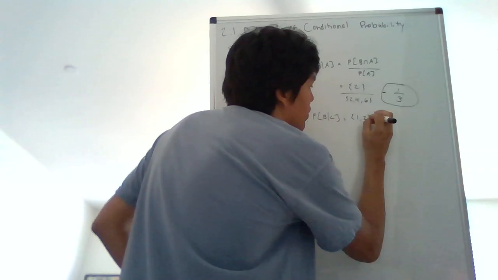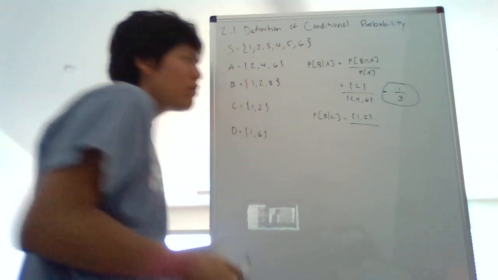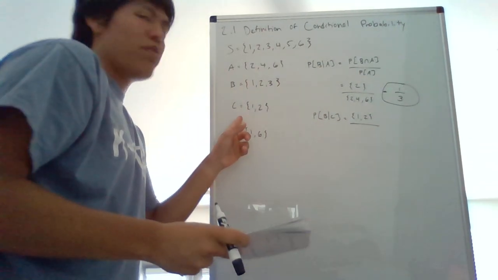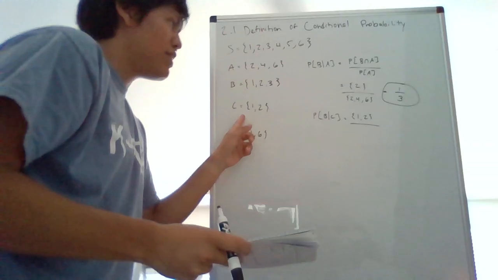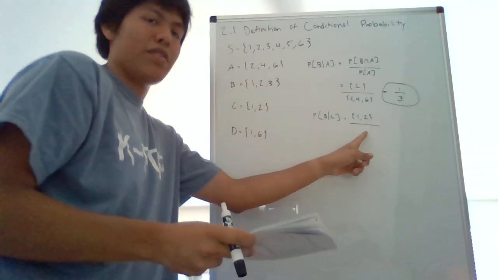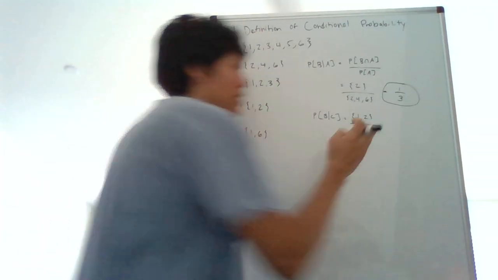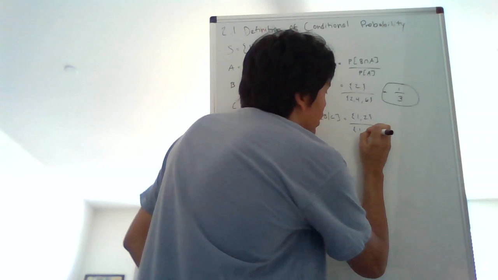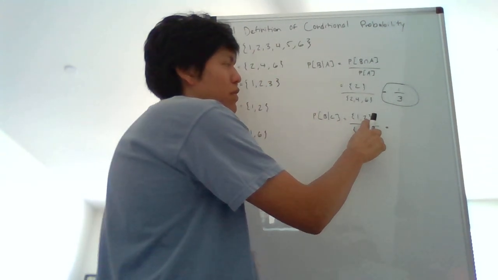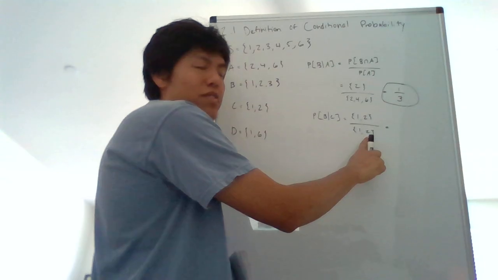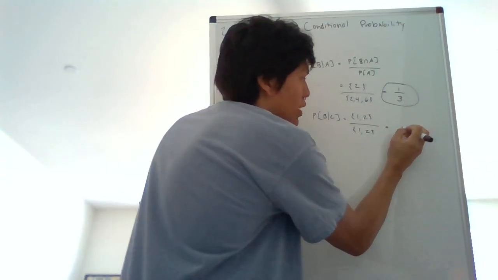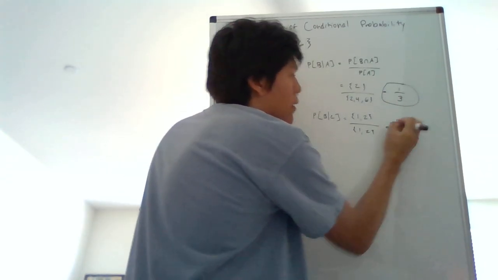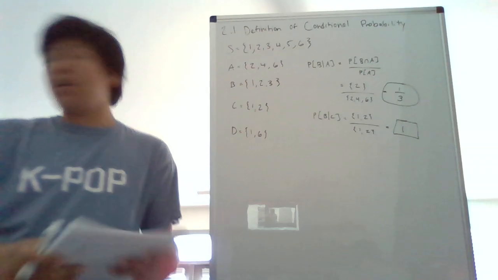Now, what is in C? Because C would go in the denominator, 1 and 2. So how many sample points are up here? 2. How many sample points are down here? 2. 2 over 2, that is just 1.